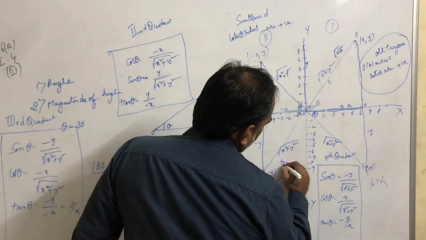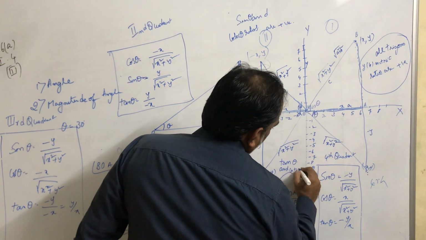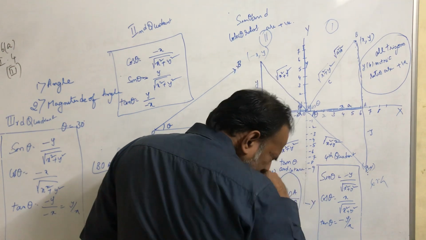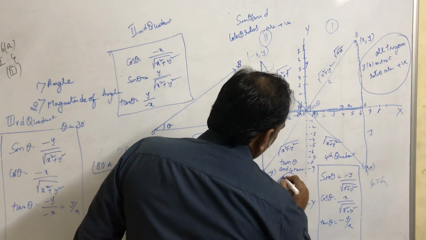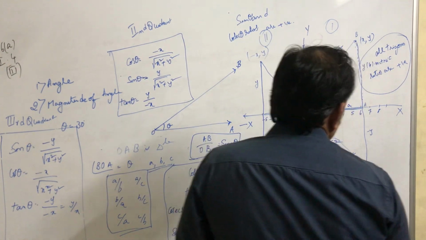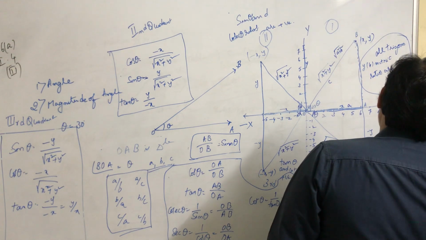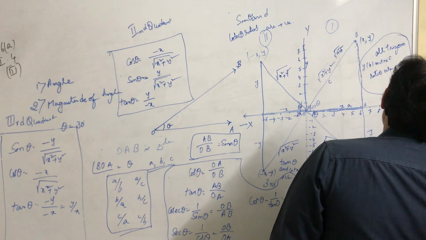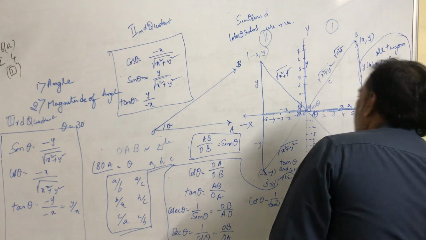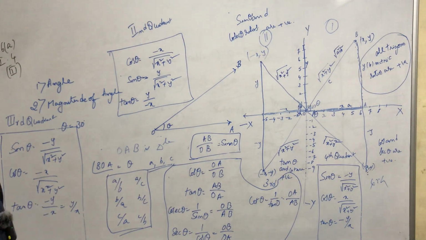I will write over here. Sorry, tan and cot are positive. In the fourth quadrant, cos and secant are positive. Okay, just note these things down.